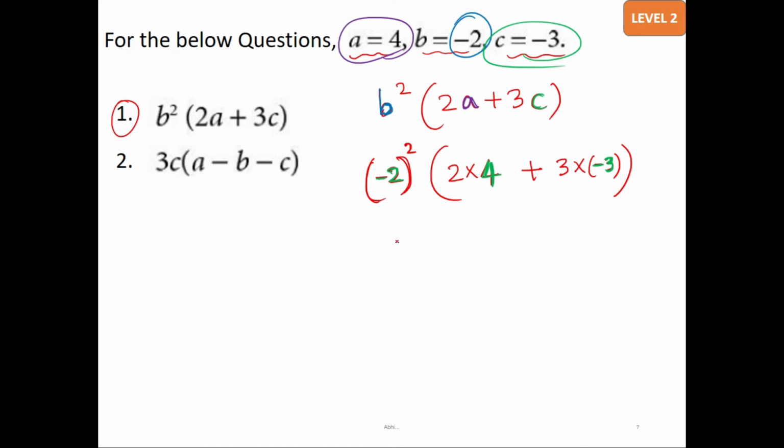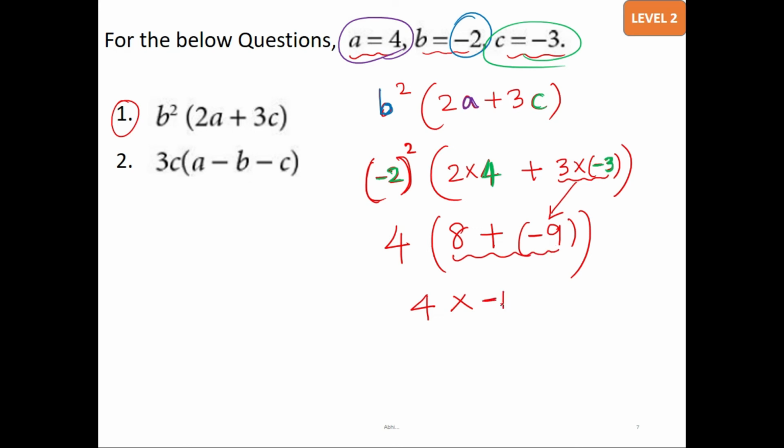Now you have negative 2 square giving you a 4, multiplied by, what is 2 multiplied by 4? 8, plus 3 multiplied by a negative 3, which is going to be a negative 9. Okay, so this is where you have a negative 9 coming in. Now 4 multiplied by, what is 8 minus 9?